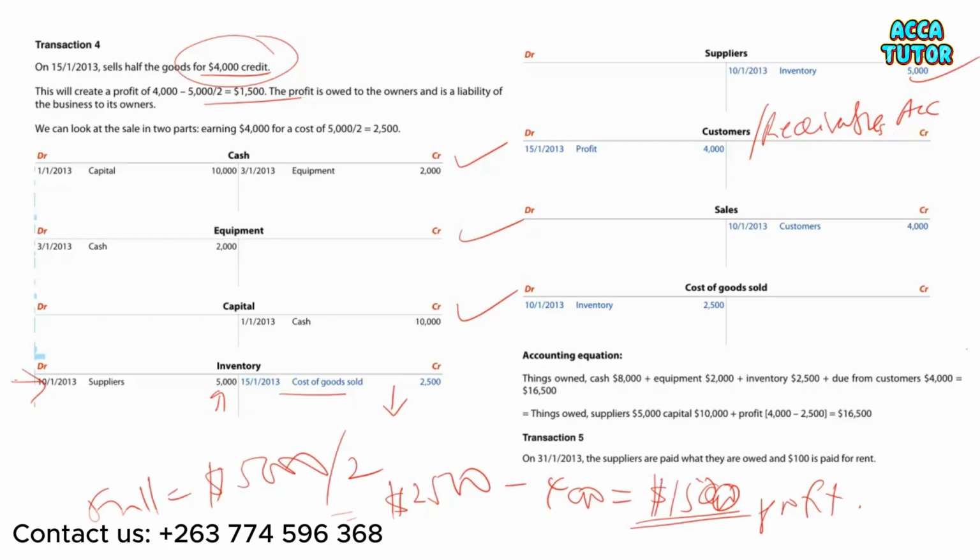So the receivables account is having $4,000 there, because that was the amount of sales we made. Actually, it's the sales or revenue entry there that should be appearing, not really the profit. We did not make the profit of $4,000. Our profit is only 1,500, which is included in the sales figure.